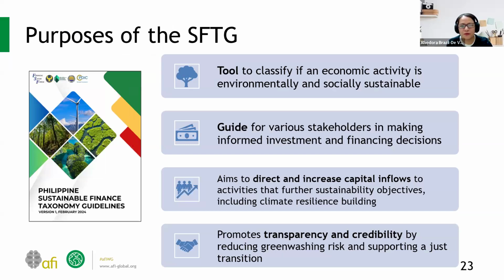Okay, so the taxonomy as a tool provides a clear set of guidance and criteria to determine whether an activity is environmentally and socially sustainable. And in our case, the primary purpose of the taxonomy is to direct and increase capital flows, whether domestic or from foreign sources, towards priority sectors and activities that support the climate and sustainability objectives of the government.